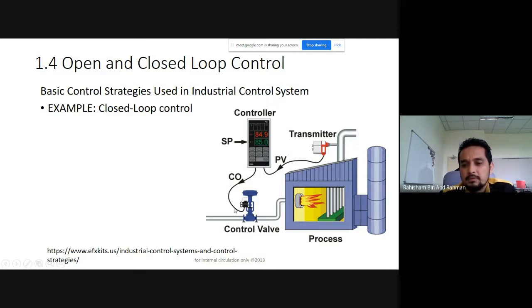Then we control the valve, so they know what to do based on the reading of the output. They know what values to be fed into this one, so they could adjust accordingly, so that the flame, the fire inside the chamber, can be lowered or increased depending on the temperature, depending on the output of this one.